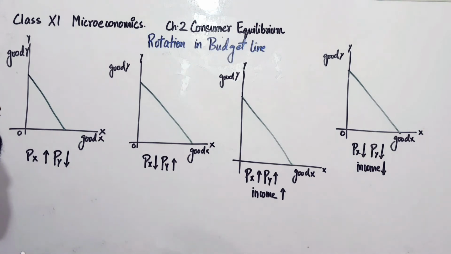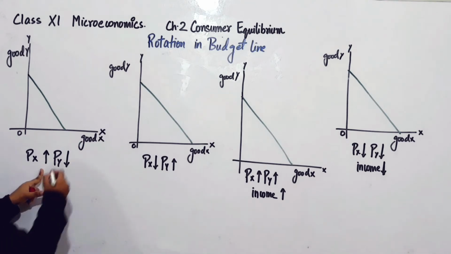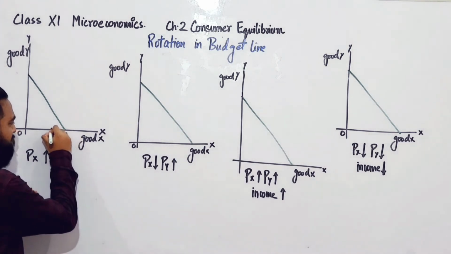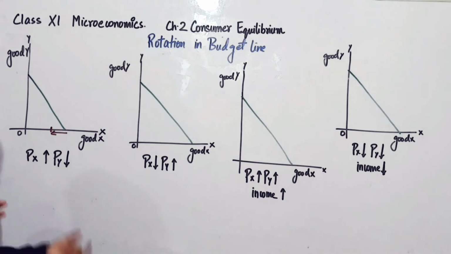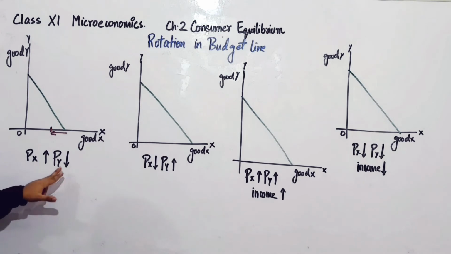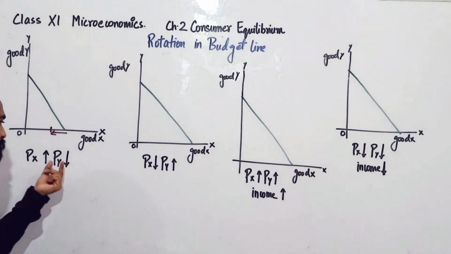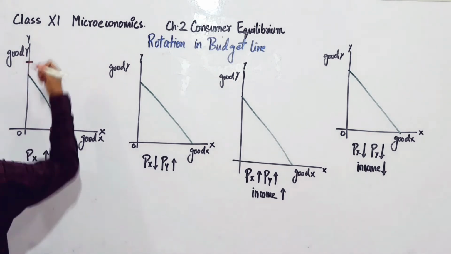Now, students, if the price of good X is increasing, it means you are going to buy a lesser amount. If something's price increases, you are going to consume less. And if the price of good Y is decreasing, it means you can purchase more.